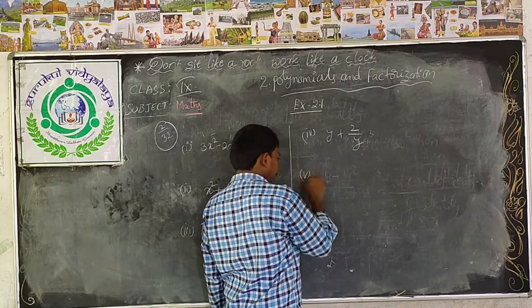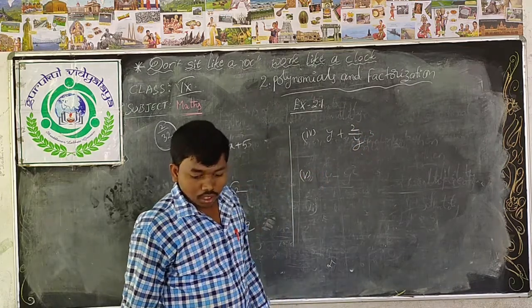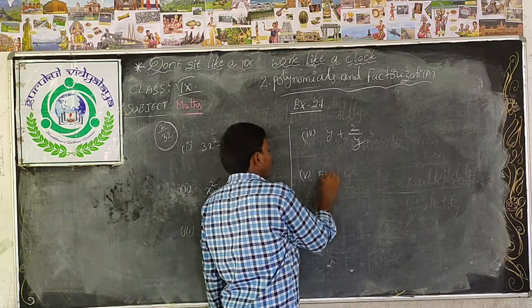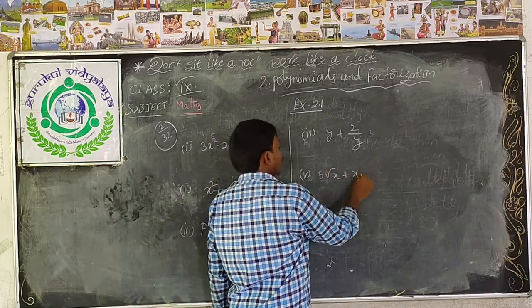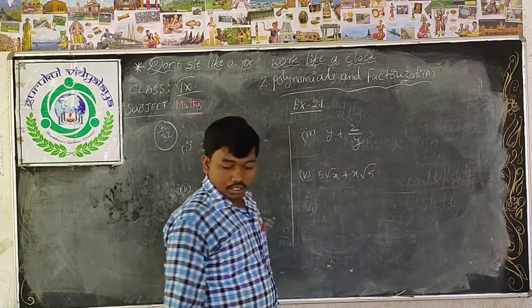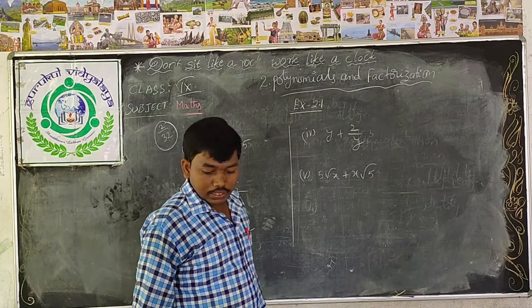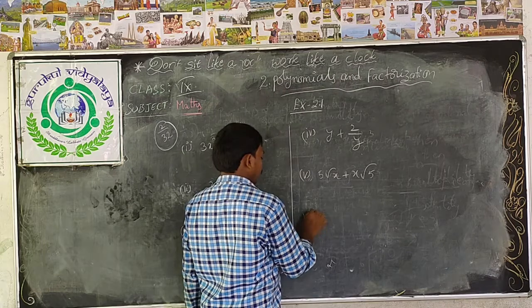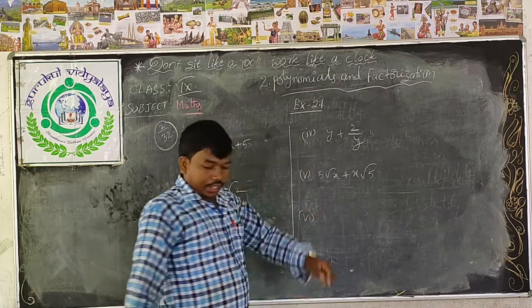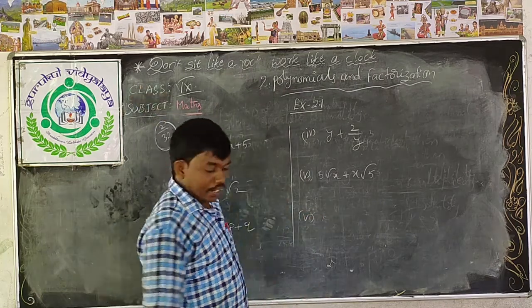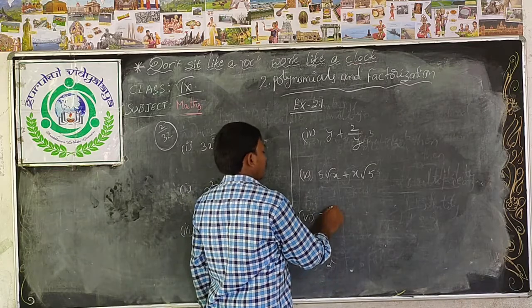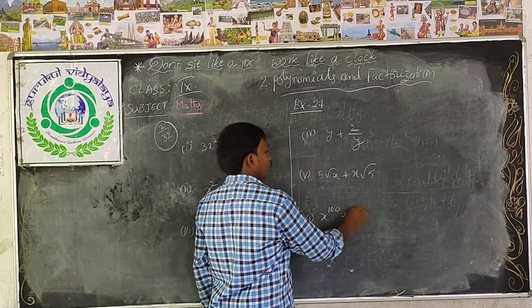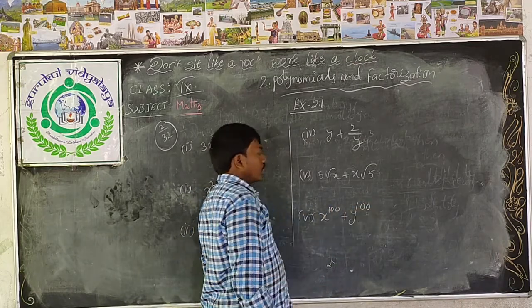Fifth one, 5 root x plus x root 5. Sixth one, x power 100 plus y power 100.